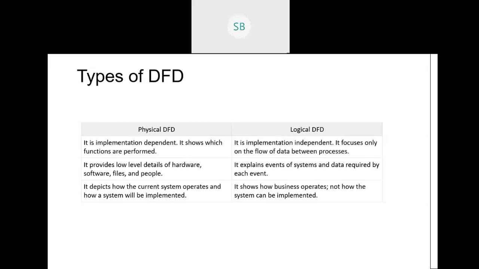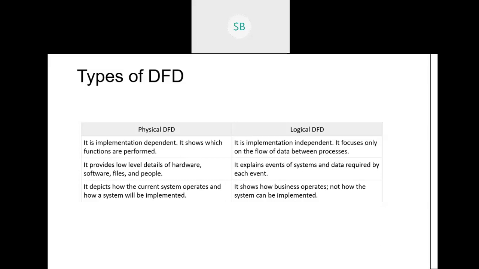Next, the physical DFD depicts how the current system operates and how the system will be implemented. It will give a background of the current system and how it needs to be implemented. Everything needs to be mentioned here. But the logical DFD only shows the logic and not how the system will be implemented.